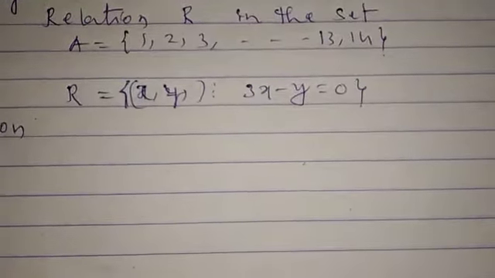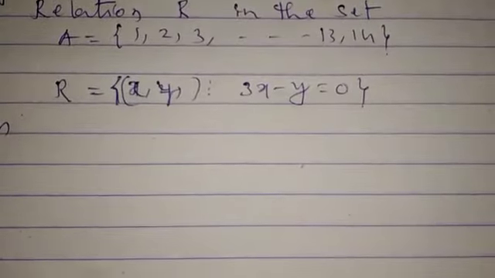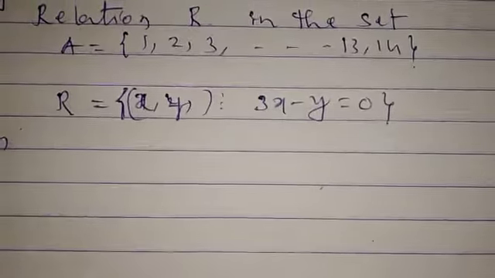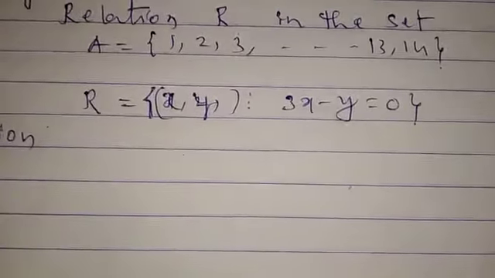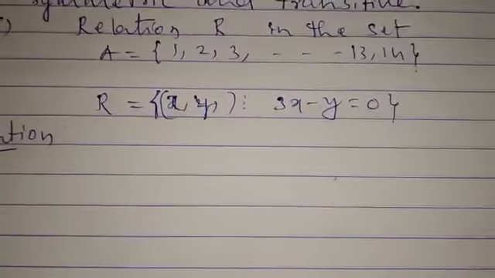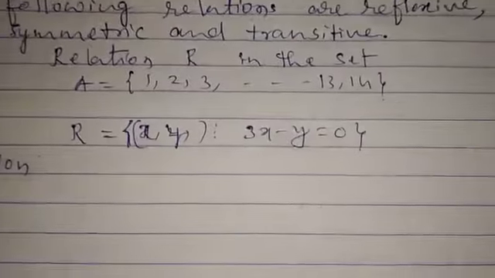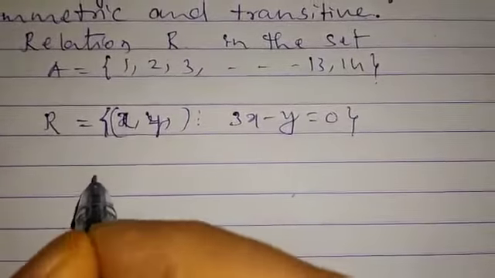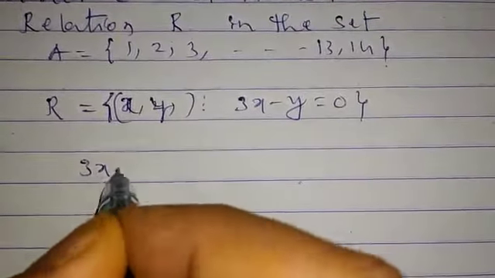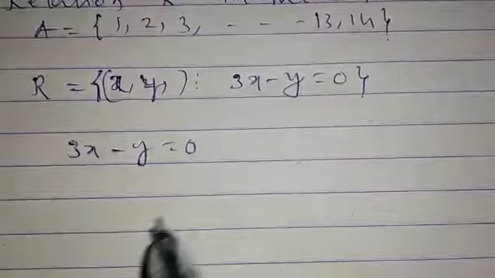First we find the set of ordered pairs related to 3x - y = 0.